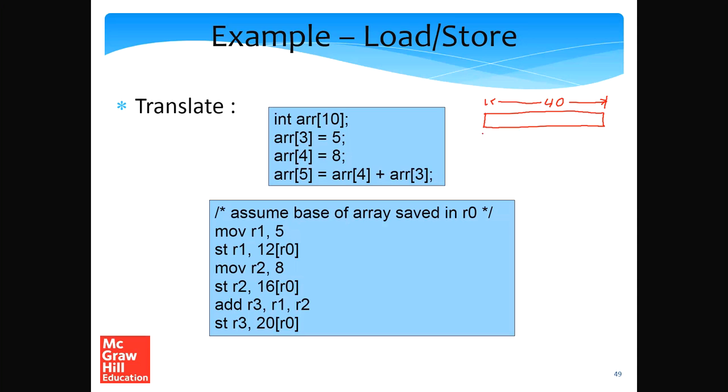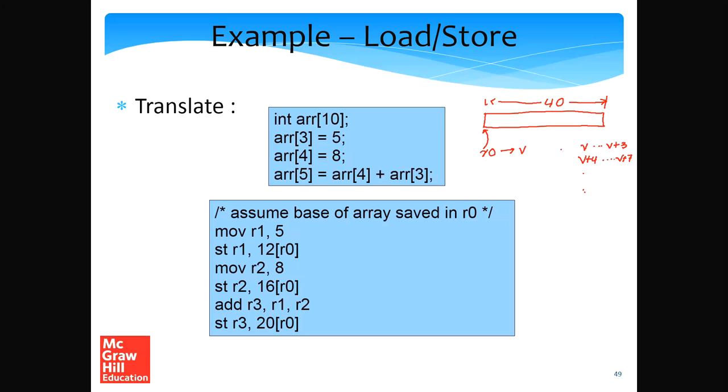So in this case, let's assume that the base address of the array is in R0, which means the first integer is stored in the location in R0. Let's assume that the contents of R0 are V. So the first integer is stored in the locations V to V plus 3. The second integer is stored in the locations V plus 4 to V plus 7, and so on.